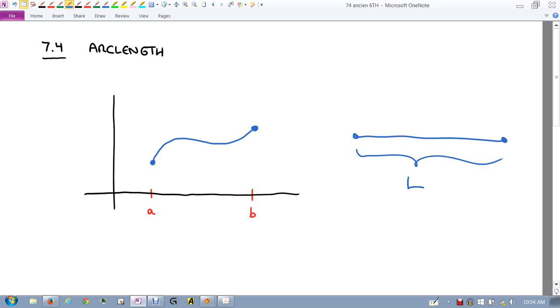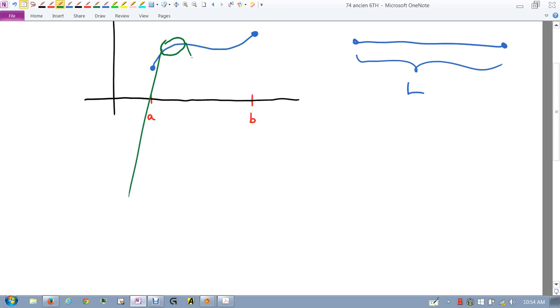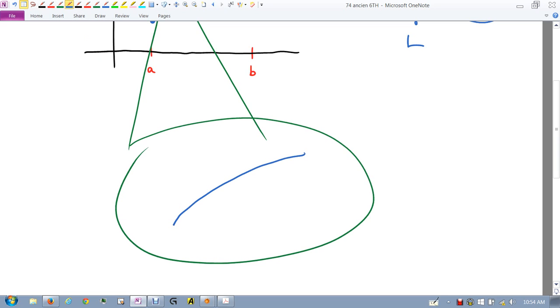So here's the way we're going to do it. We have to come up with a formula. The whole idea of drawing the rectangles is gone because we're not talking about an area now, right? So let's imagine taking this little piece right here and zooming in on that little piece of arc.